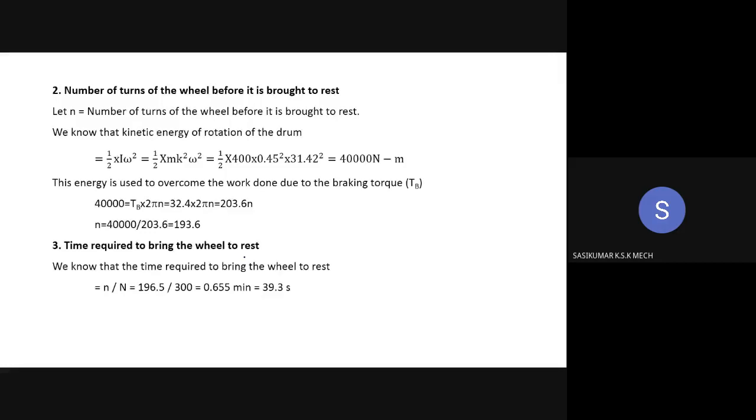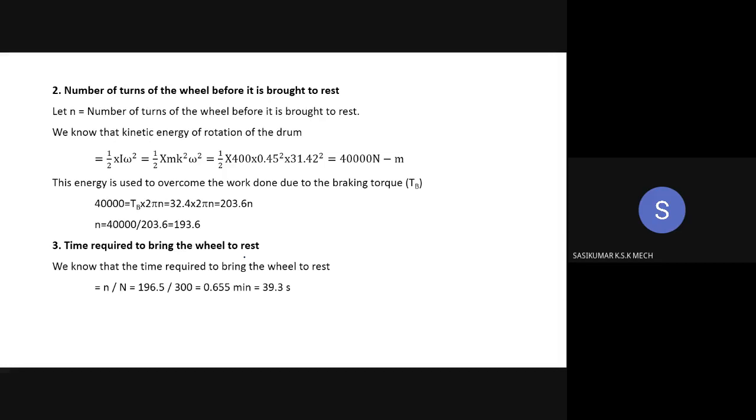That is nothing but 40,000 Newton meter, and this energy is used to overcome the work done due to the braking torque, the one which is obtained due to the application of force. So this kinetic energy needs to overcome the work done due to the braking torque.